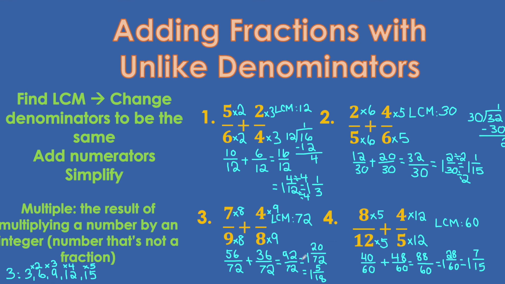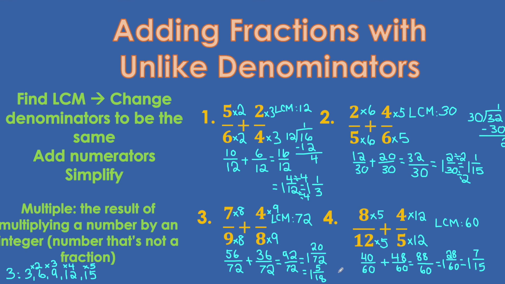You can think, how many times does 72 go into 92? It's 1 time. And this numerator, it's easier if you think, what's 92 minus 72? And you will find the remainder, which is 20. Then you just keep the denominator the same, which can be simplified to 1 and 5/18. So that's number 3.